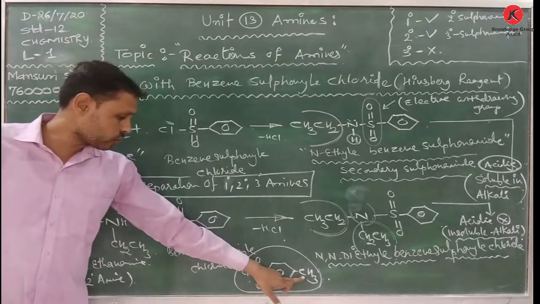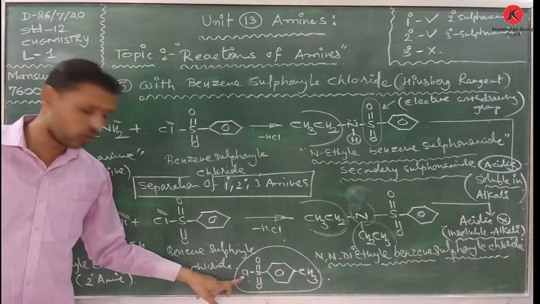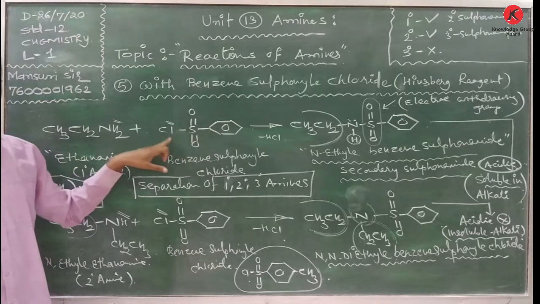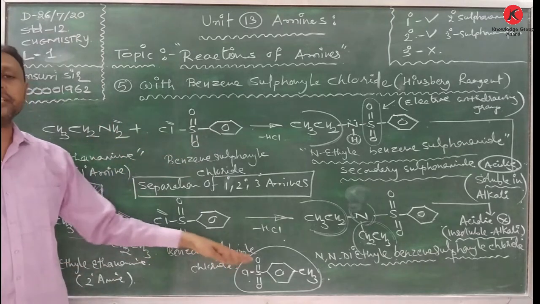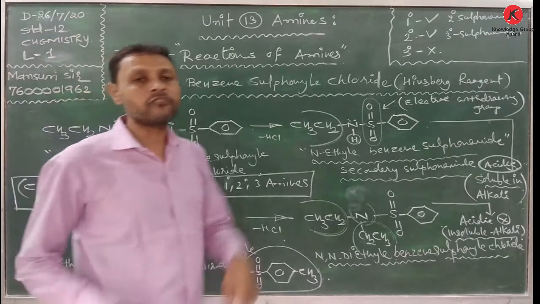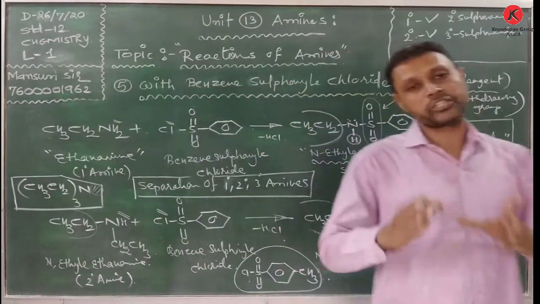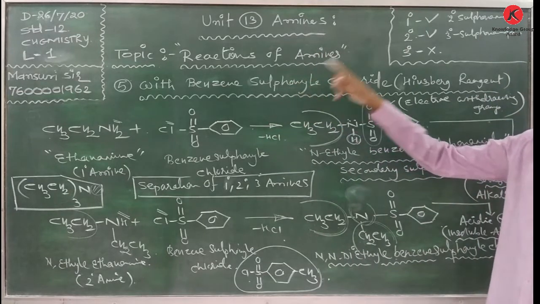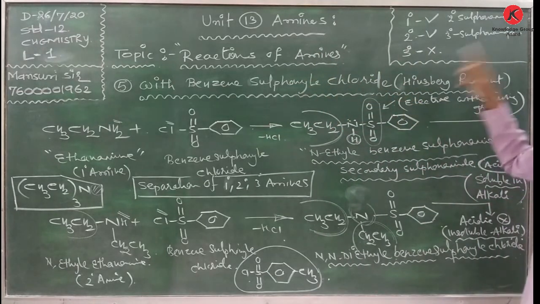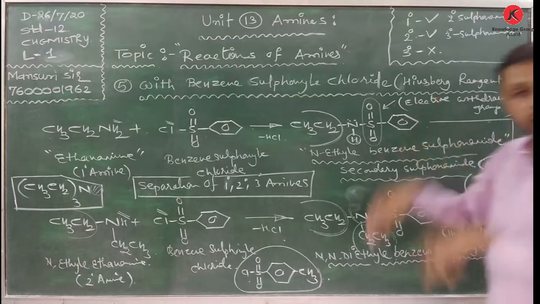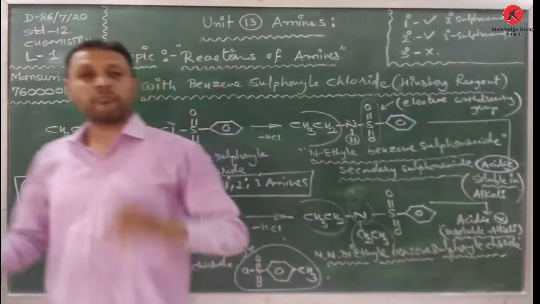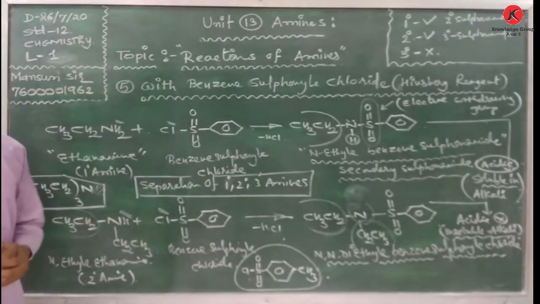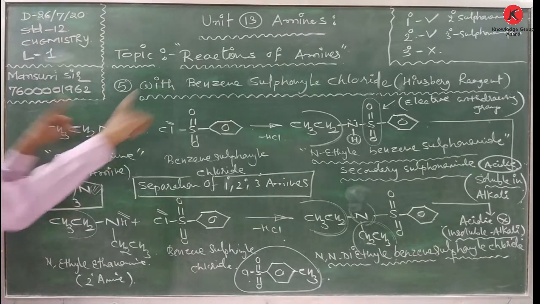So para-toluene sulfonyl chloride is used in place of benzene sulfonyl chloride. Nowadays this reagent is used for separation of primary, secondary and tertiary amines. So the reaction of amine with benzene sulfonyl chloride, in other words the Hinsberg reaction, and in other words separation of primary, secondary and tertiary amines, these 3 short notes have only one topic. Okay.